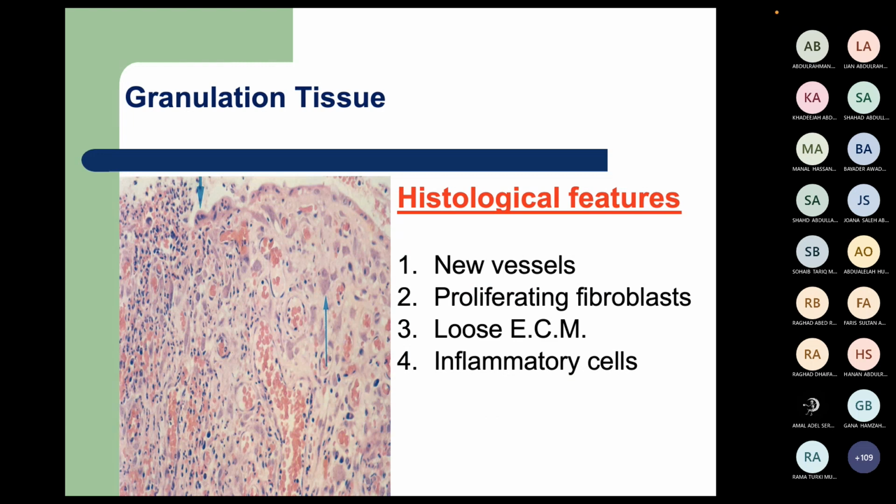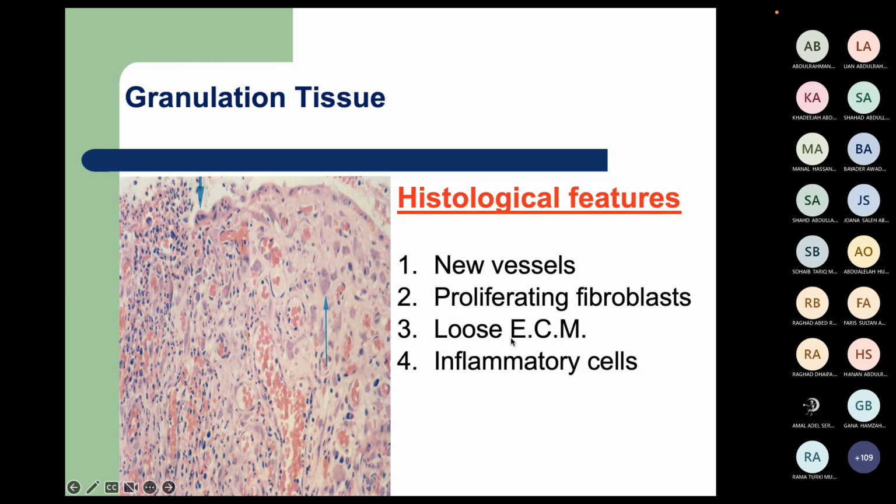Under the microscope, histologically, you see a lot of these blood vessels. These are the new blood vessels, all filled with RBCs. All these are new blood vessels and the proliferating fibroblasts. This thin arrow is pointing towards fibroblasts. Normally fibroblasts are just thin cells, but to lay down collagen they become thick and have a large nucleus. We'll see in a higher power.